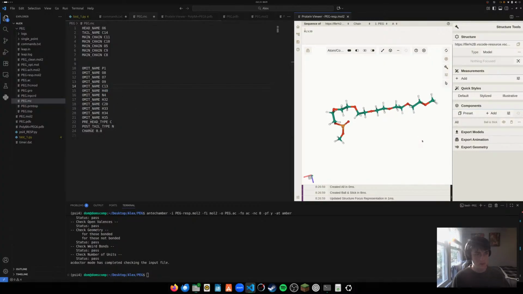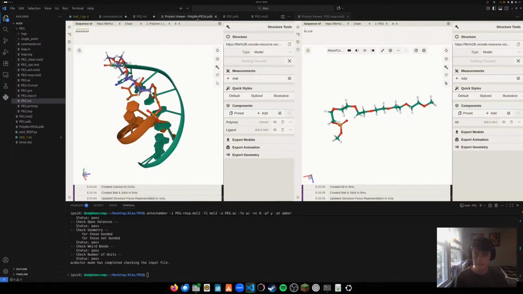Okay, and over here we are omitting atoms O10 and C14, right?